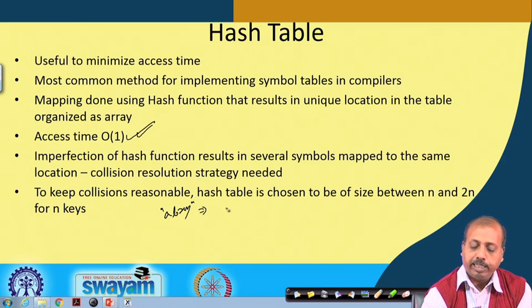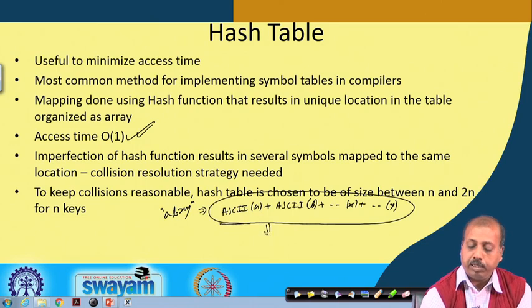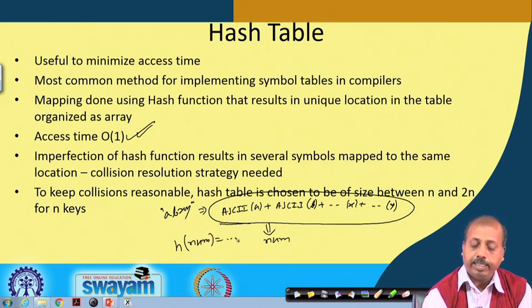We take the ASCII value of a, plus ASCII of b, plus ASCII of x, plus ASCII of y. If we add them, it gives me a number, and based on that number I apply a hash function. So h of number can give me some array index.